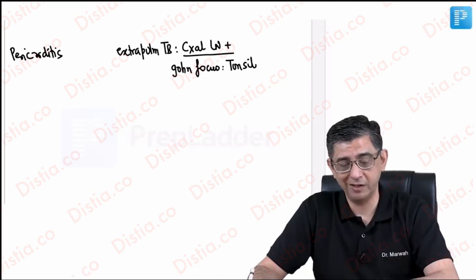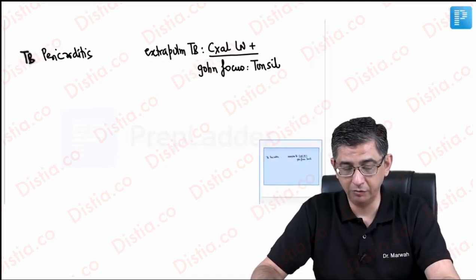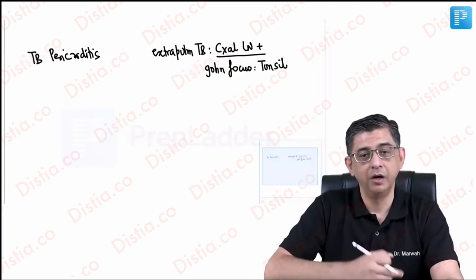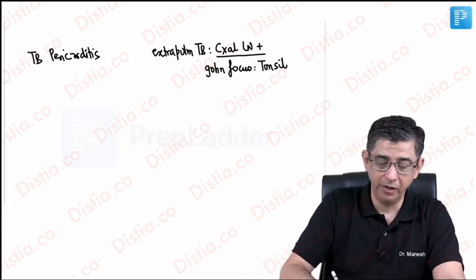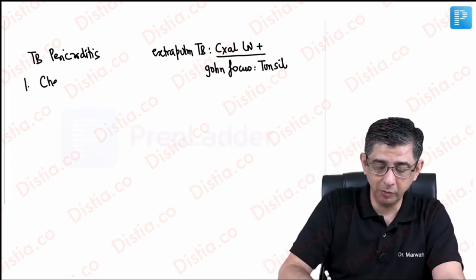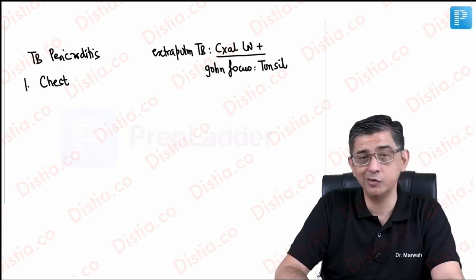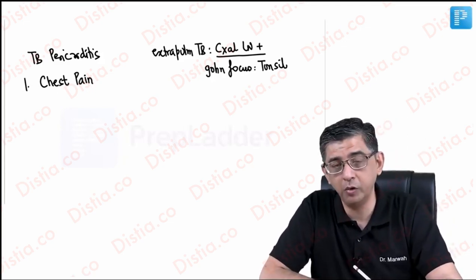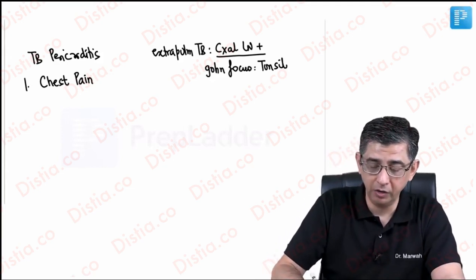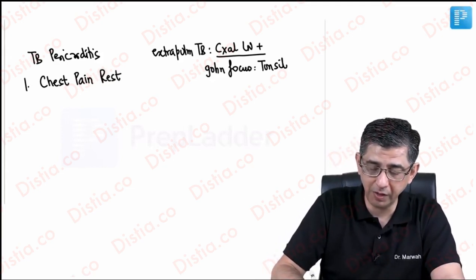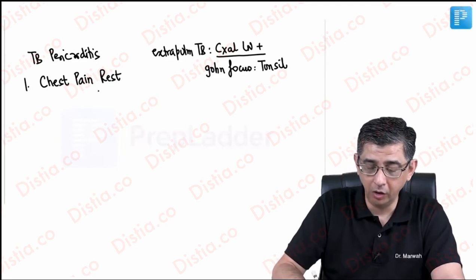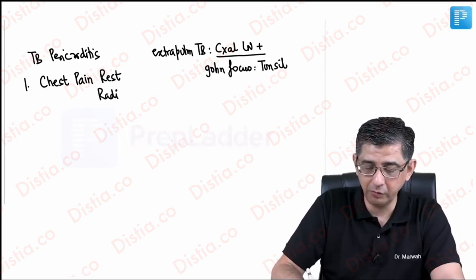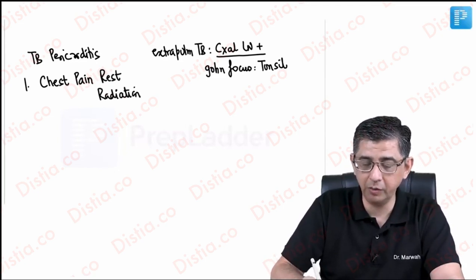This is the commonest form of extrapulmonary TB, but another form that I'm discussing at the moment is tubercular pericarditis. The reason this patient has come to me is that there would be a serofibrinous exudate outside the heart. This is going to cause inflammation. Inflammation would contribute to irritation of the phrenic nerve, and therefore this person would be having chest pain at rest. Along with this chest pain at rest, the patient will also tell me regarding radiation of the pain.